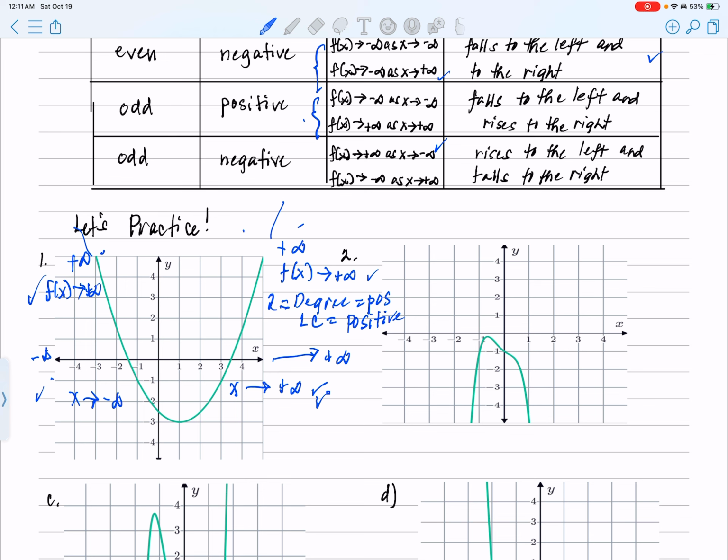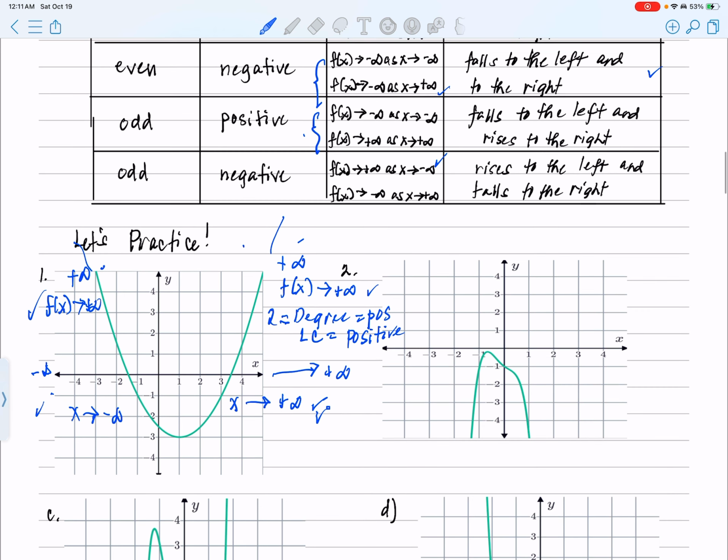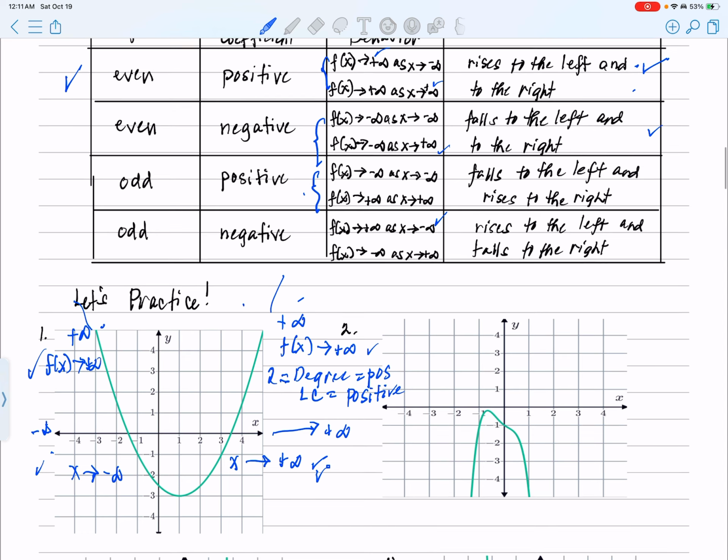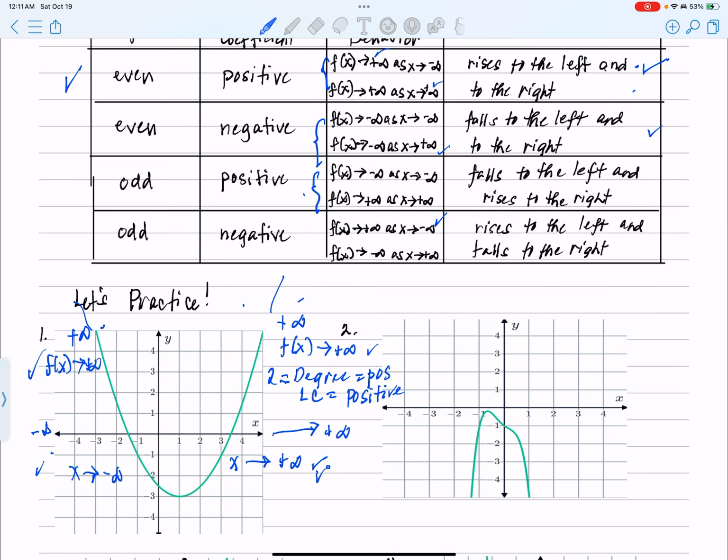All right, let's look at graph number 2. First of all, I said look at the end behavior. Both ends are facing down. That means the infinity here is negative. It falls to the left and also to the right.